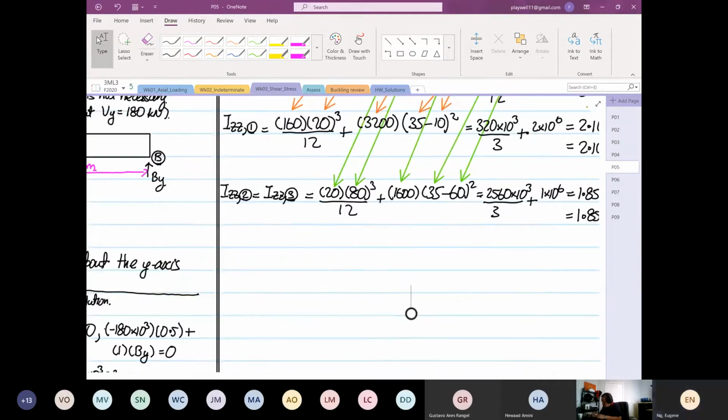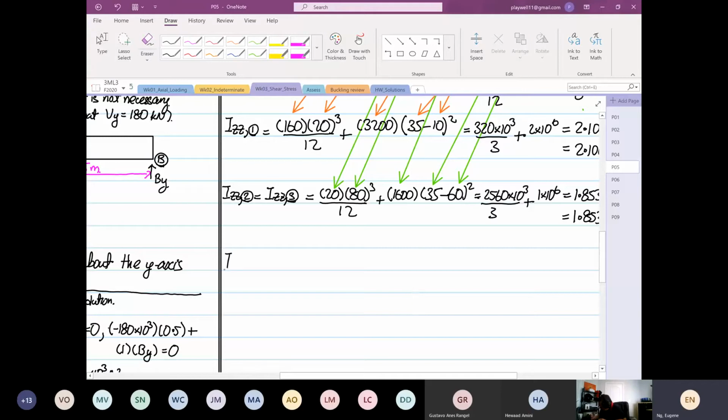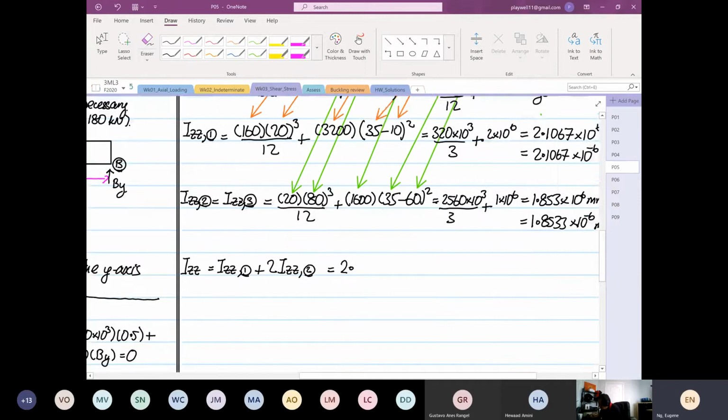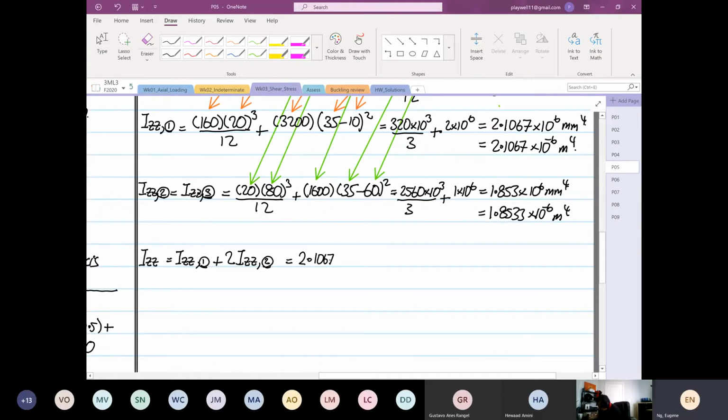So from here, finally, we can find IZZ. IZZ is equal to IZZ1 plus twice of IZZ2. Why twice? Because IZZ2 is equal to IZZ3. So this is equal to 2.1067 plus twice of IZZ2 or 3, 1.8533 times 10 to the power minus 6.